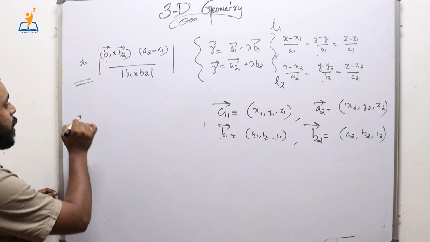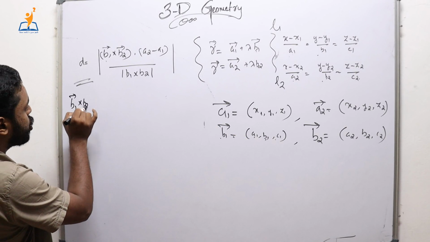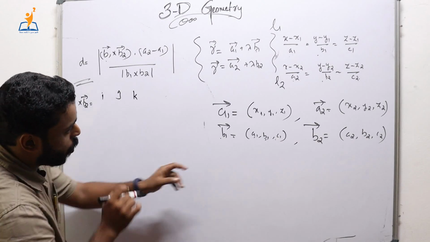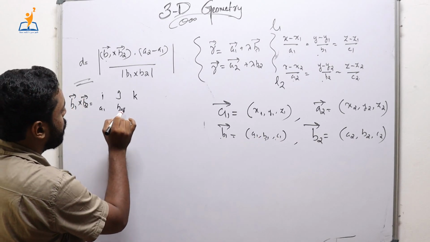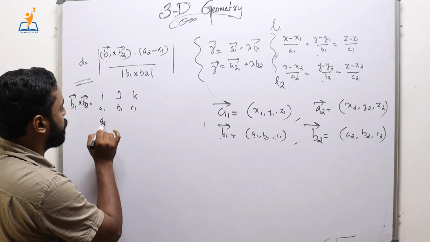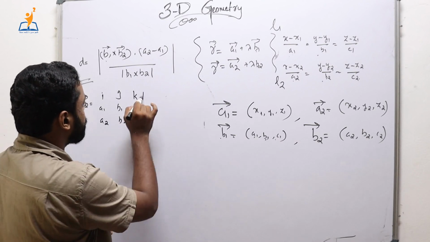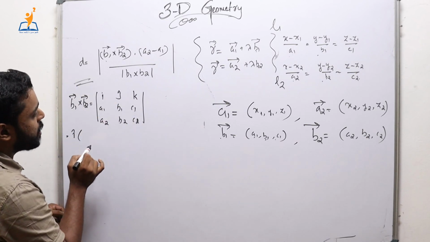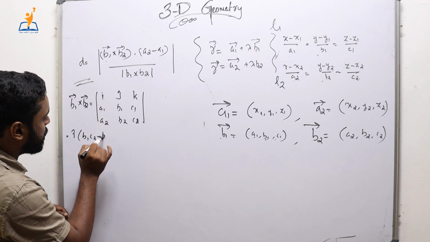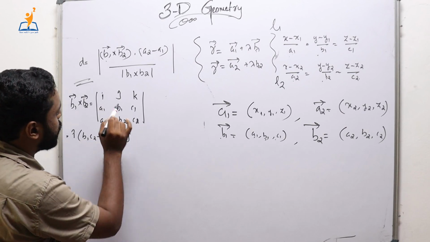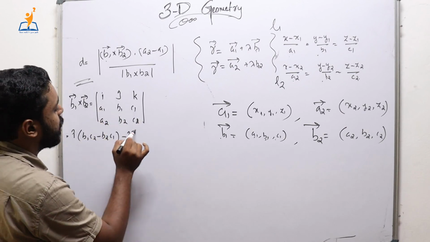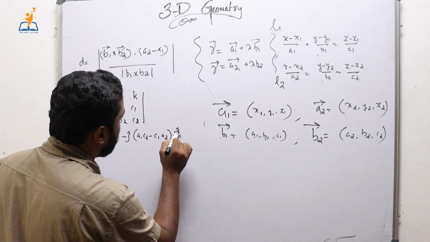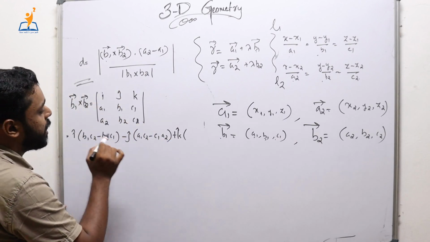Alright. So b1 cross b2 is the determinant with i, j, k in the first row, a1, b1, c1 in the next row, and a2, b2, c2 in the last. So this determinant is i into (b1 c2 minus b2 c1) minus j into (a1 c2 minus c1 a2) plus finally k into (a1 b2 minus b1 a2).